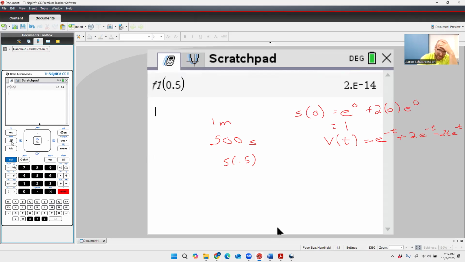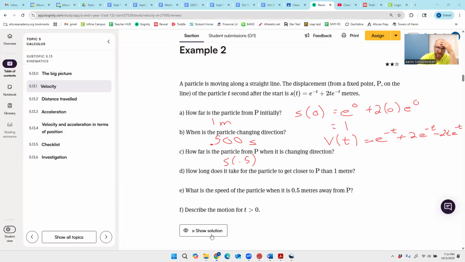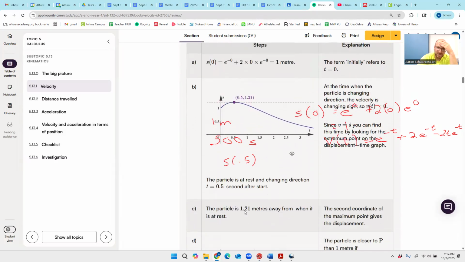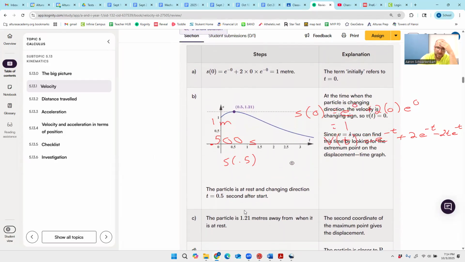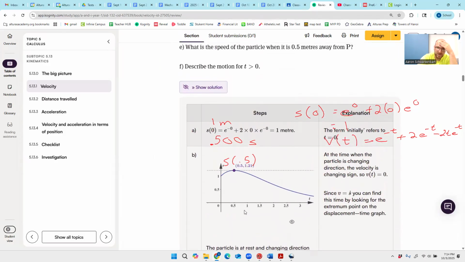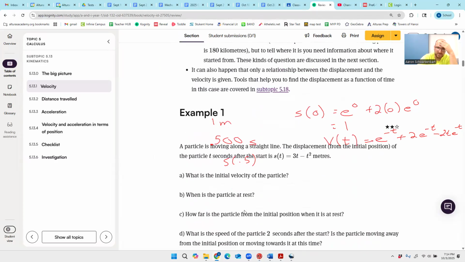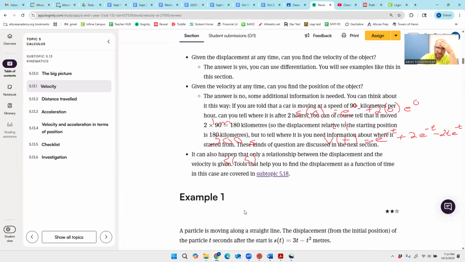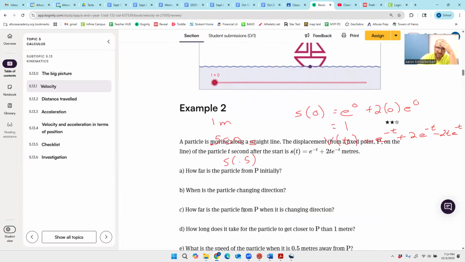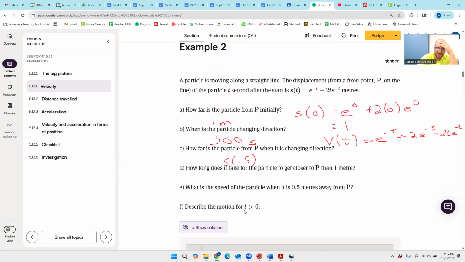It looks like it's at point P. I'm going to verify that the answer key agrees with me. No, oh, I know what my problem is. Never mind, I can't do F1. That would be a nice trick, but F1 was the velocity equation. I need to do the s equation. I did not use the right equation.